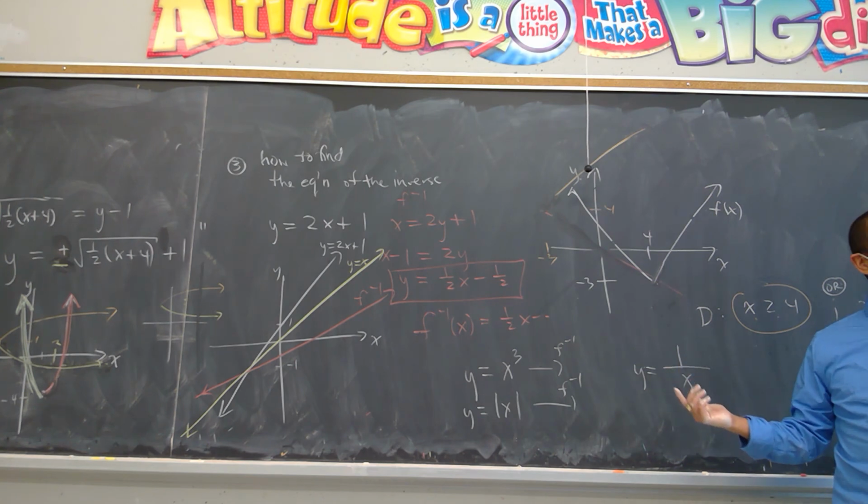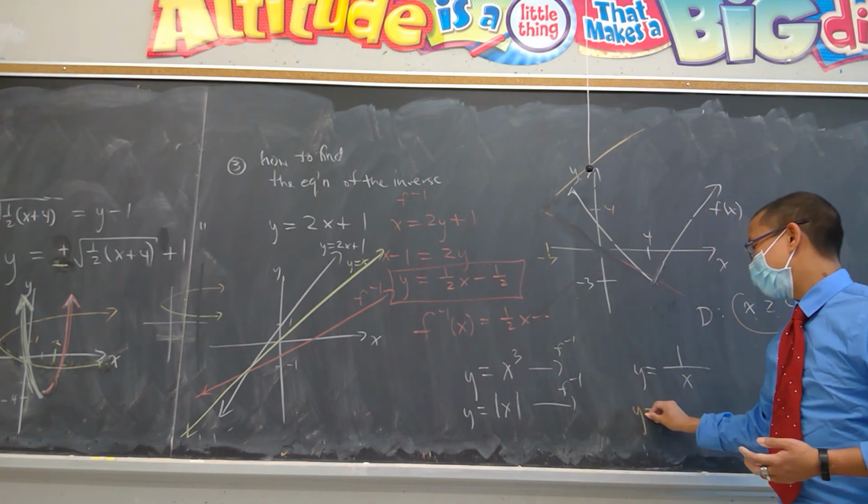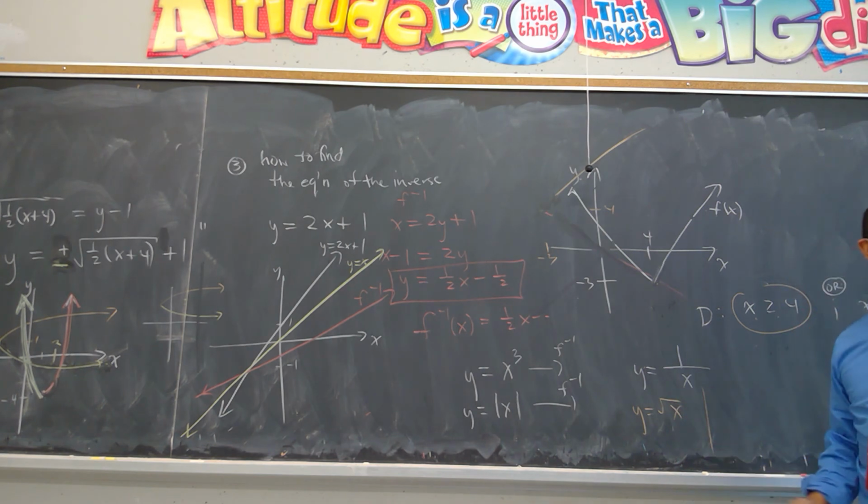Notice I didn't do the root function, because the root function, what do you do? I think you already know what that is. Its inverse is going to be, let's try. So this is the root function. Any volunteer want to tell me what the inverse of this is going to look like? Yeah?